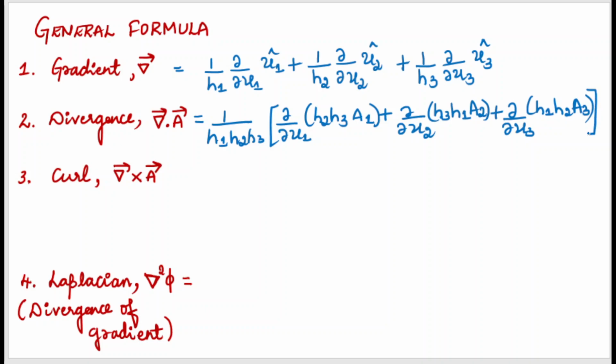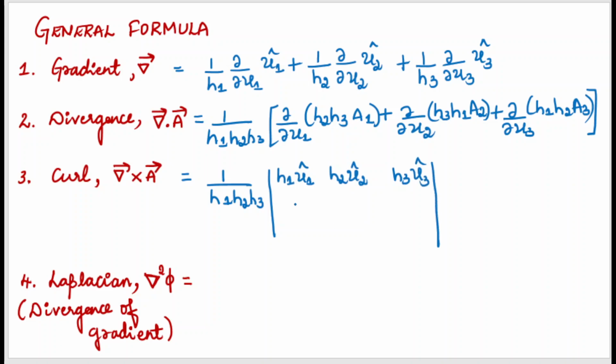So this is the general formula for the divergence of any vector. Let us move on to the curl of a vector, the general formula. It is again 1 divided by h1, h2, h3, determinant of h1 into u1 cap, h2 into u2 cap, h3 into u3 cap.